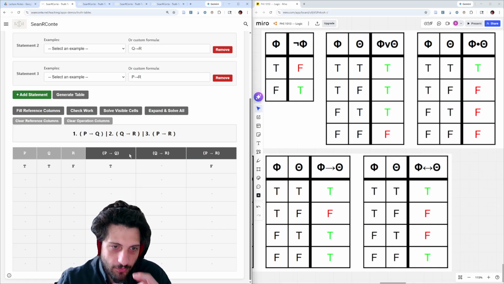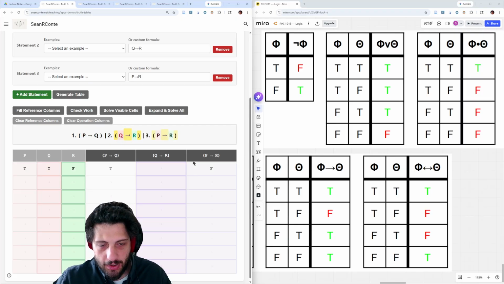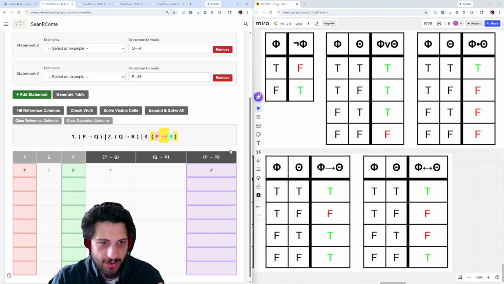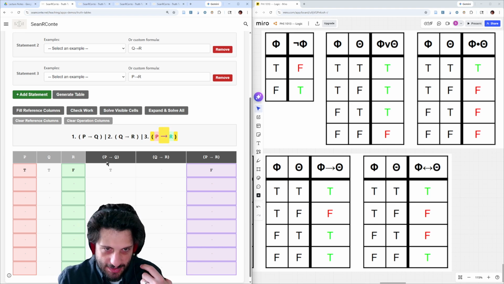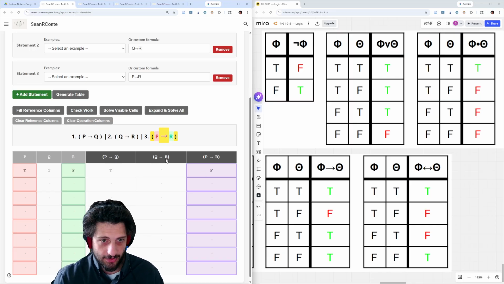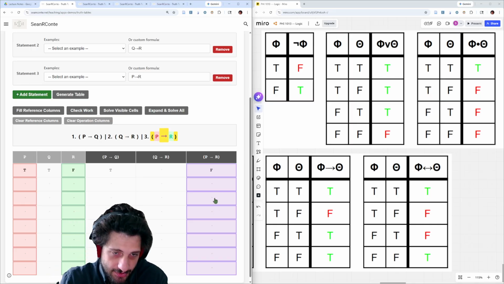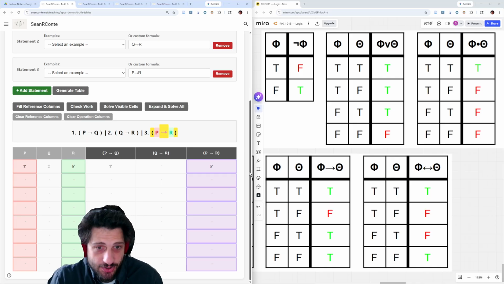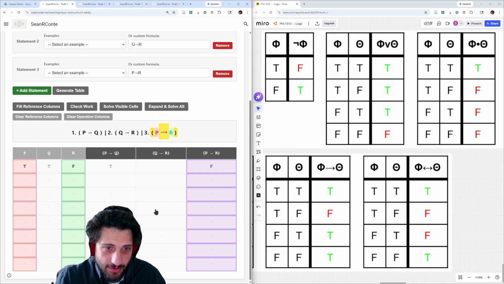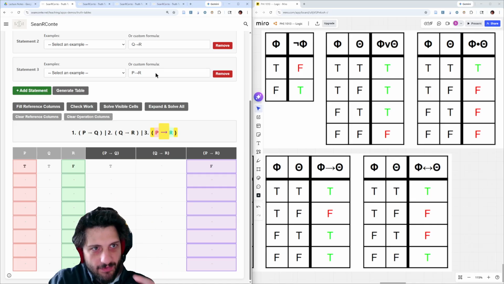If our two premises are that P leads to Q and Q leads to R, then it makes sense that P would lead to R. If P being true guarantees that Q is true, and Q being true guarantees that R is true, then it makes sense that P being true guarantees that R is true. That's just some intuition. We're not relying on that intuition. That's why we did the truth table. But as we're doing these, it's good to make sure that these things make sense to you too, that you're not just following along.